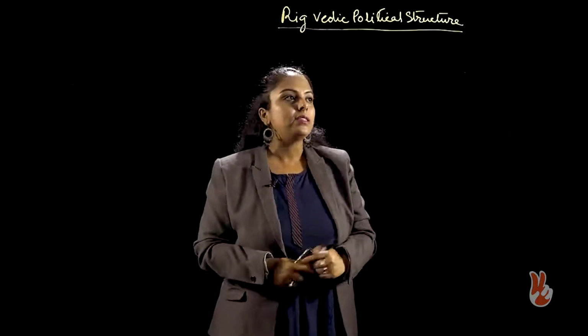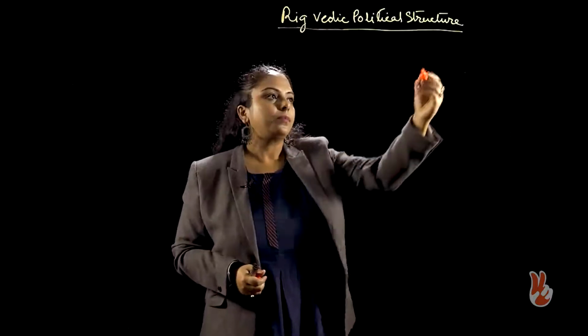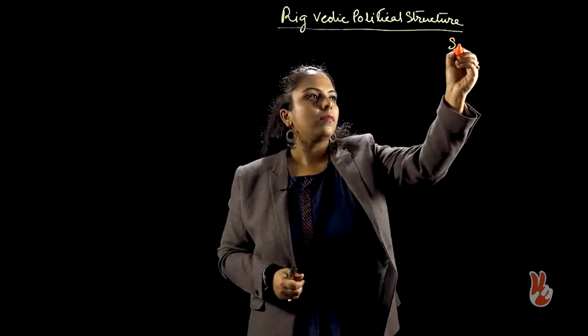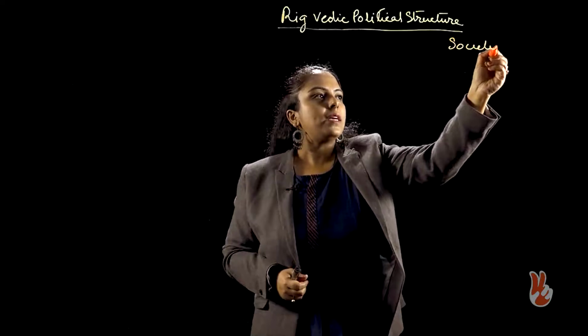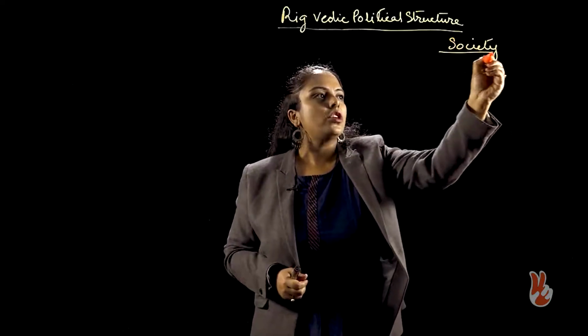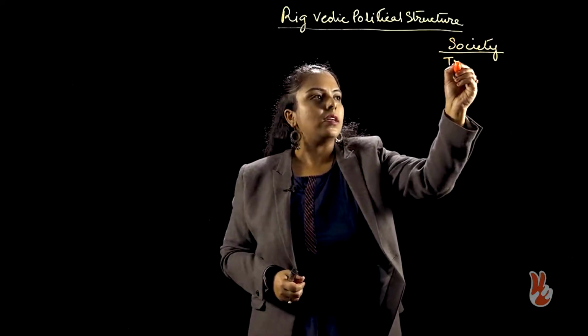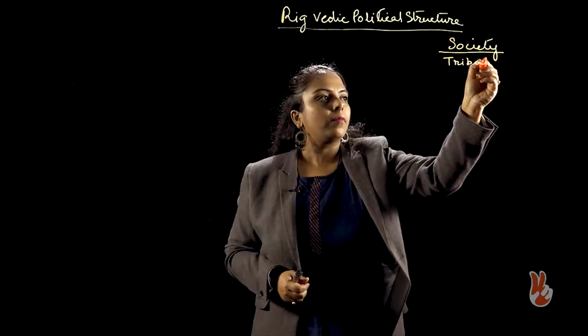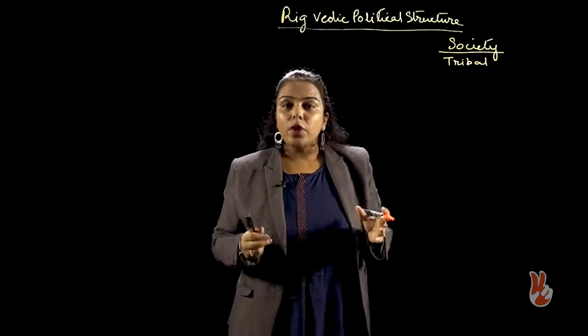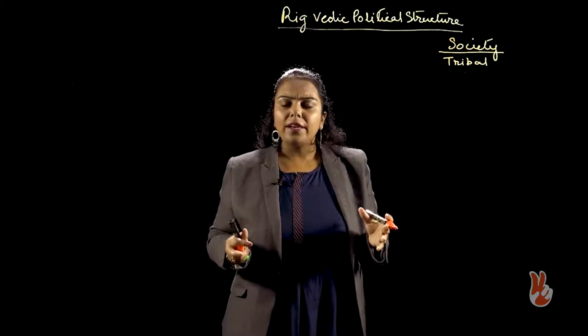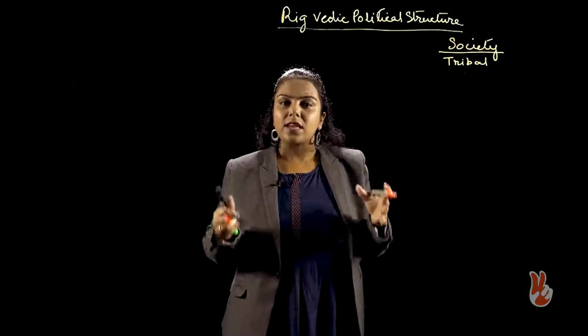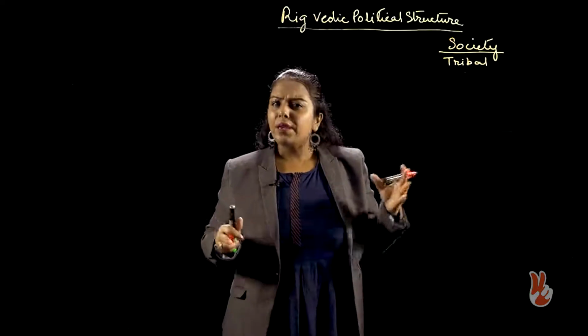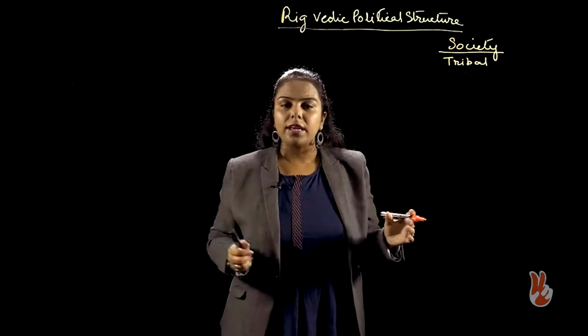So, the first thing that a student must remember is that the society present in the Rigvedic age was a tribal society. As such, in a tribal society, you do not find an excessively centralized administration which is imperialistic or military in nature.